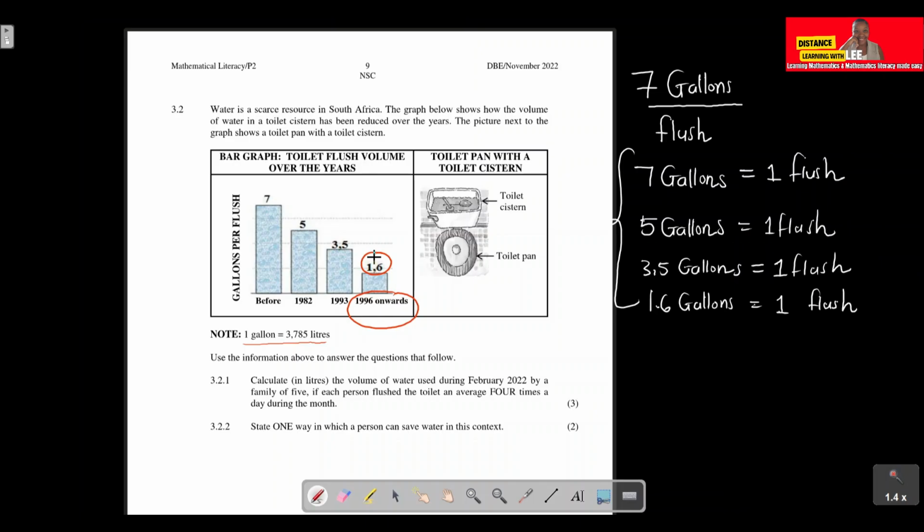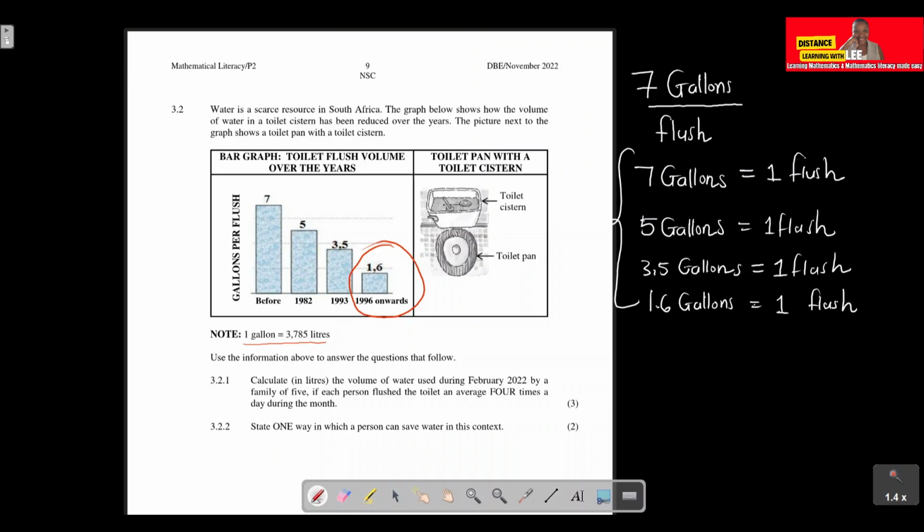So that is where we're going to focus our attention. This bar is what we are going to use to help us answer this question, because it tells us that from 1996 onwards, people used 1.6 gallons of water just for one flush.